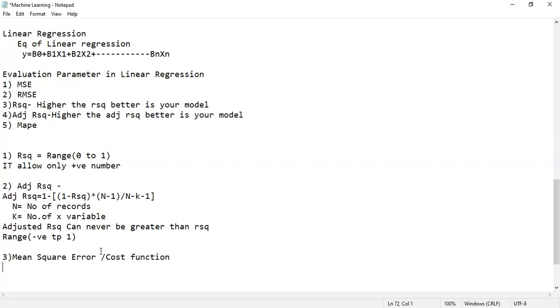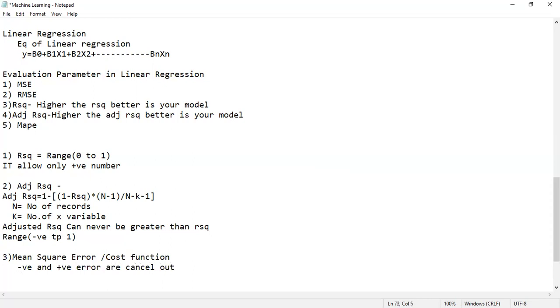So I will write it here. First point, negative and positive errors are cancelled out.